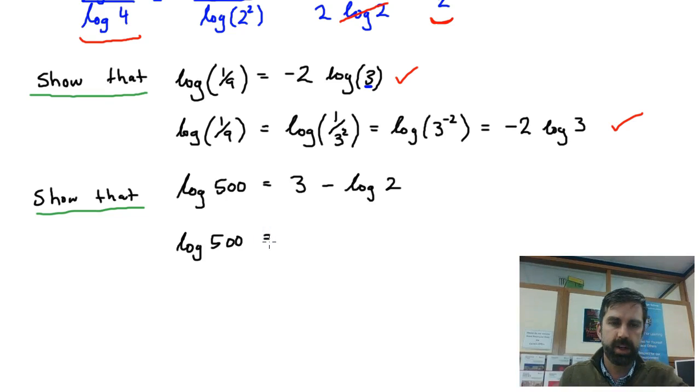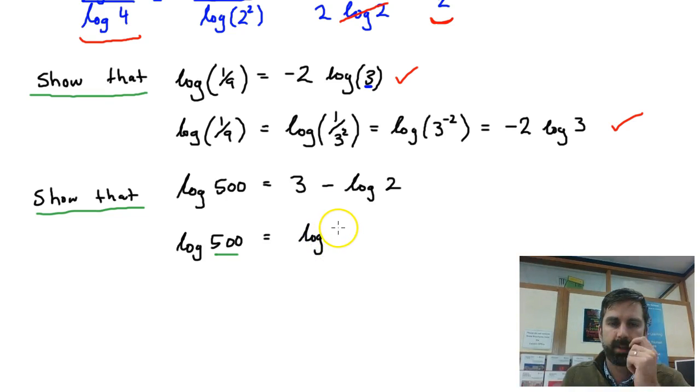Log of 500. Since over here we've got a log of 2, which is a whole number, what we can think about is, well, maybe let's try and turn 500 into something involving a power of 10, because we know that powers of 10 give us whole numbers for logs. So let's see what we can do there.